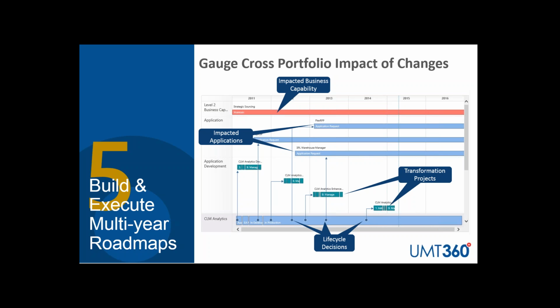Very easy to see which projects impacted that application. In turn, what will be the impact on other applications, even the overarching business capability that that application supports. So being able to dynamically build roadmaps is certainly important, but also being able to assess very quickly the cross-portfolio impact of any change is another key benefit.